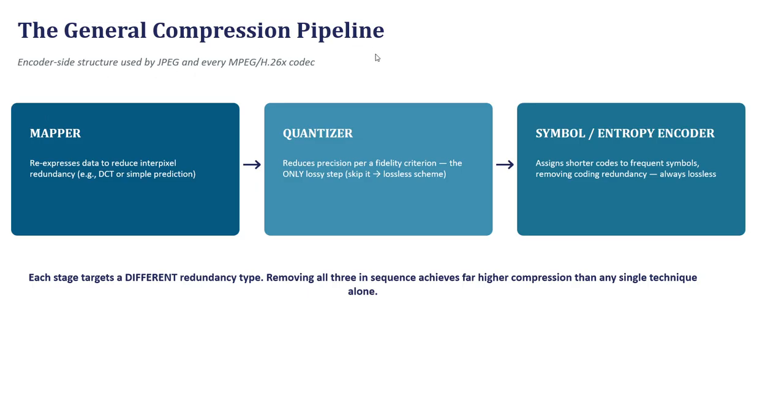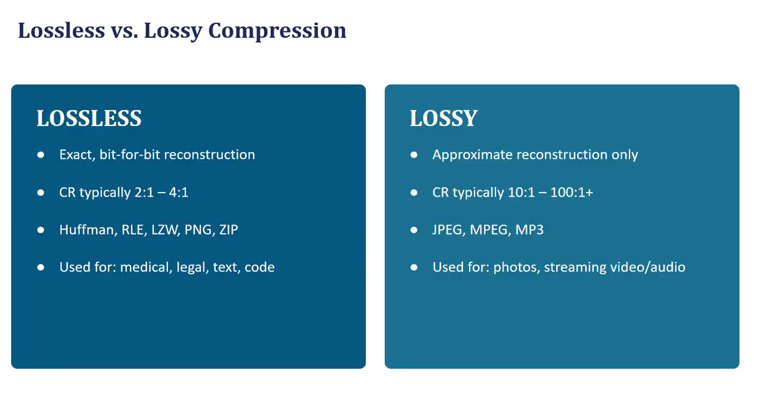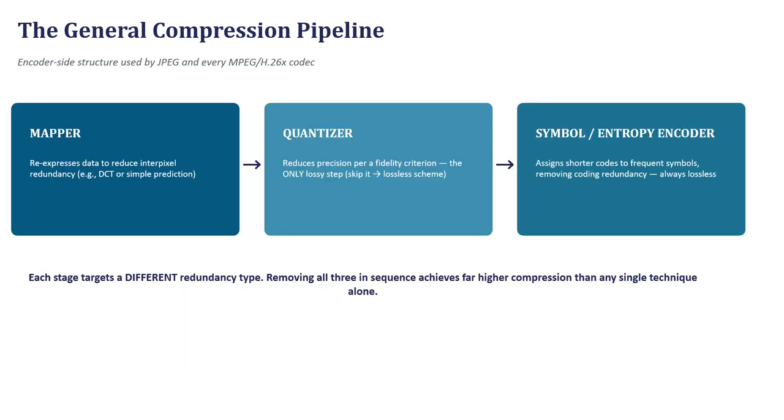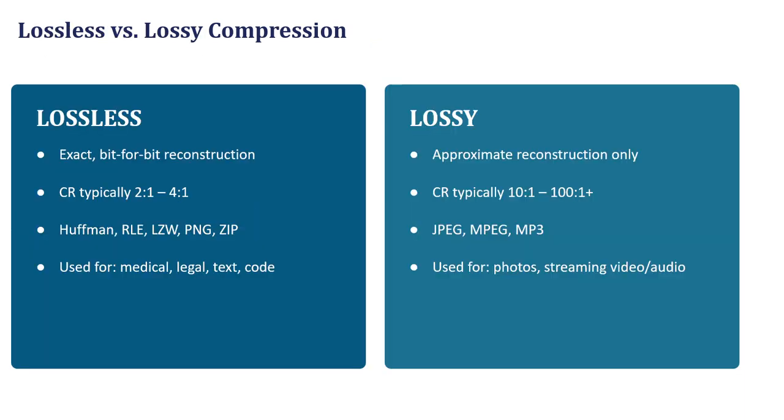The general compression pipeline is, first of all, we perform the mapper, that is we re-express the data so that we can perform coding on it, and then the quantizer, which is one of the lossy steps, that is, it leads to loss of information. Compression can be of two types: lossless or lossy. Lossless means there is no loss of information at all, like in the case of 2 is to 1, 4 is to 1, very simple techniques. Bit for bit reconstruction is possible.